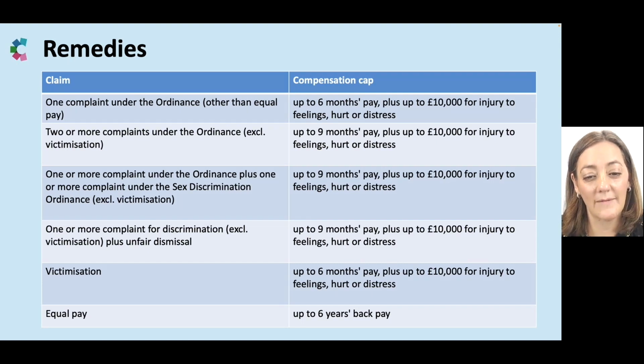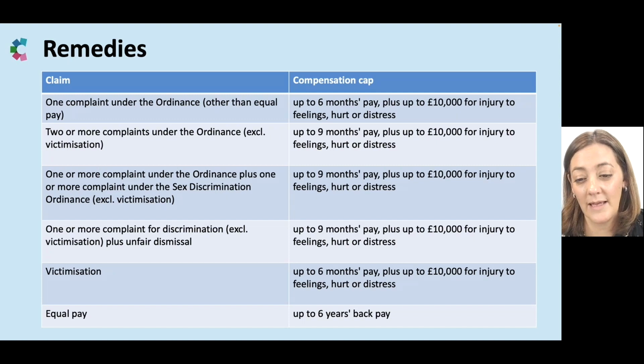If 1 or more complaint for discrimination, excluding victimisation, but including unfair dismissal is brought, again, it's the same cap of up to 9 months' pay, plus up to £10,000 for injury to feelings, hurt or distress. And as you can see, victimisation will be dealt with as a separate head of claim.